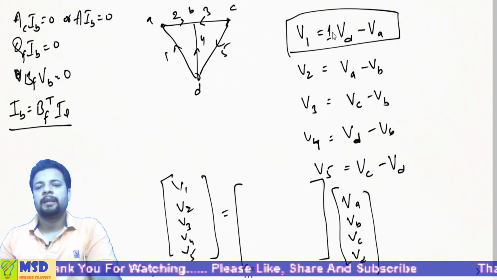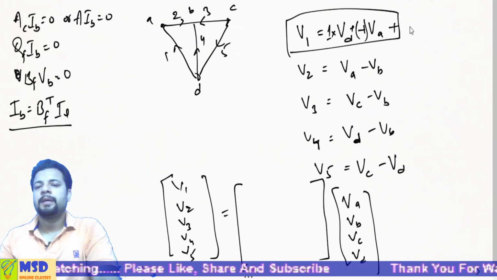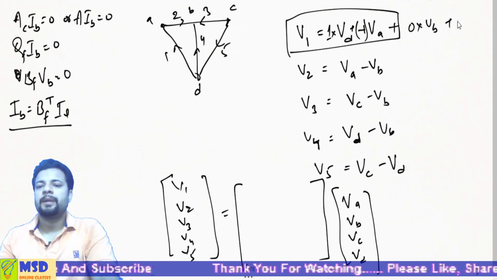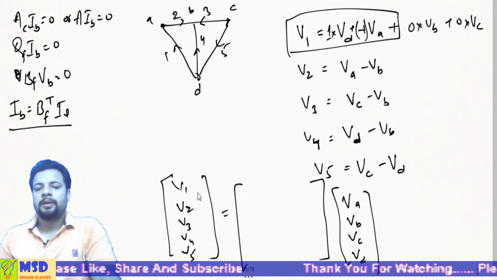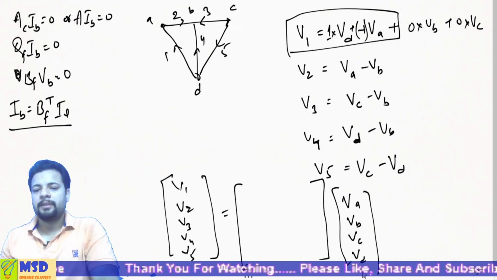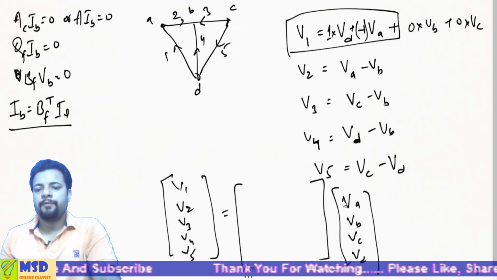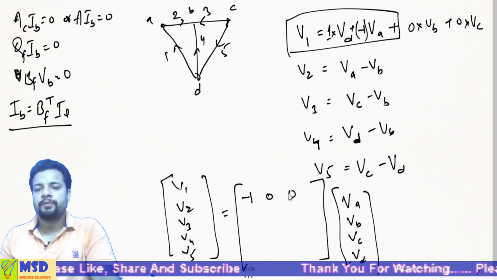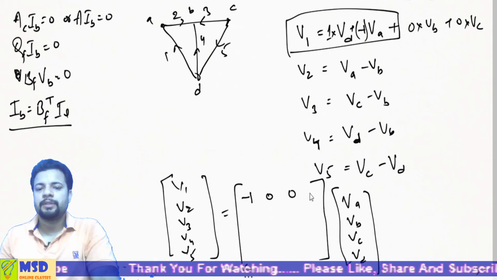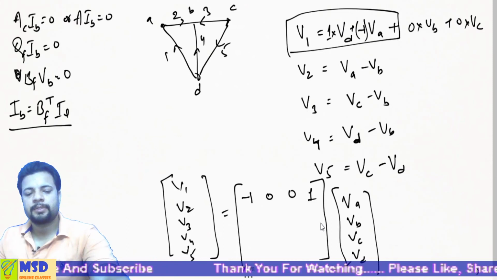I can write it as 1 into VD plus minus 1 into VA plus 0 into VB plus 0 into VC. Here V1 is a row multiplied with this column. So the row elements should be: with VA the coefficient is minus 1, VB and VC have a coefficient of 0, and VD has a coefficient of 1. Now similarly you can develop the entire matrix.